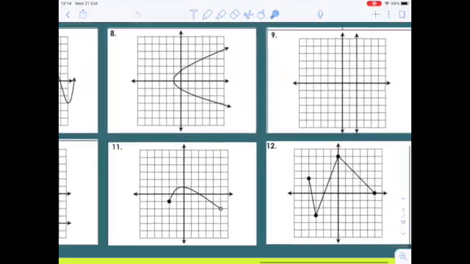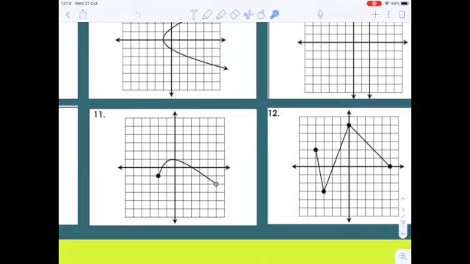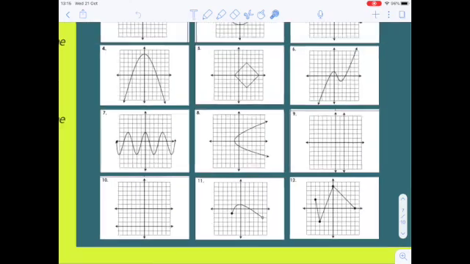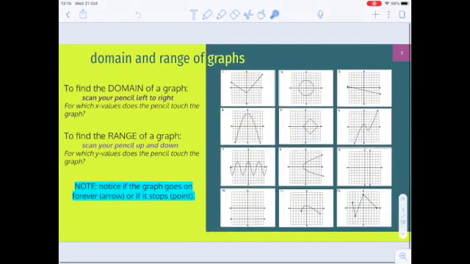Whereas if you have a point, this means that the line stops. If you have a closed circle, a filled-in black point, this means that this point is included in your function. If you have an open circle, if your point is transparent or white, this means that this point is not included in this function or in this relation.